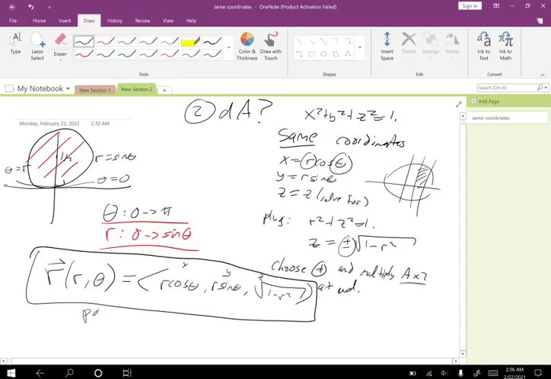So this is, again, the parameterization. And so now we just need to compute what exactly dA looks like for this.